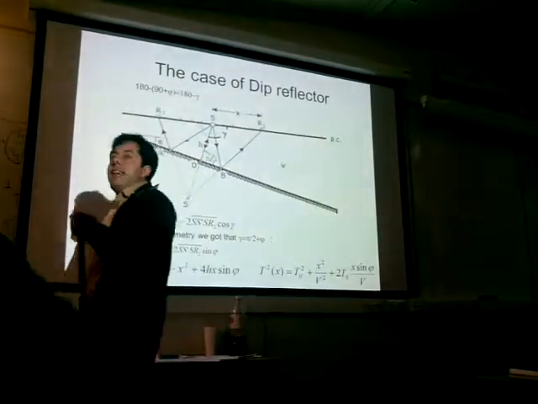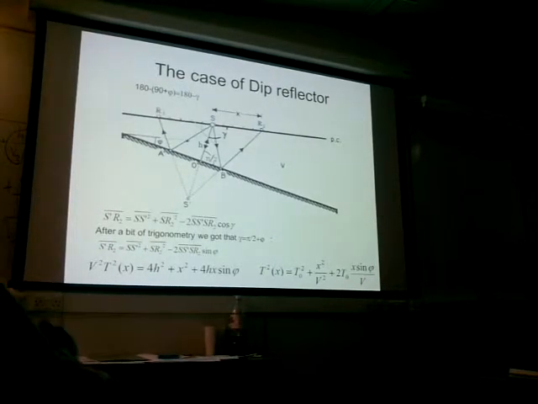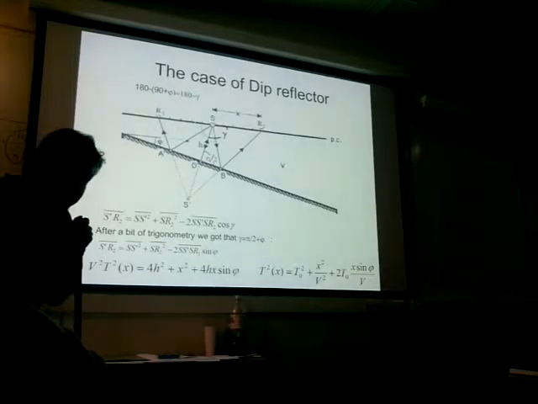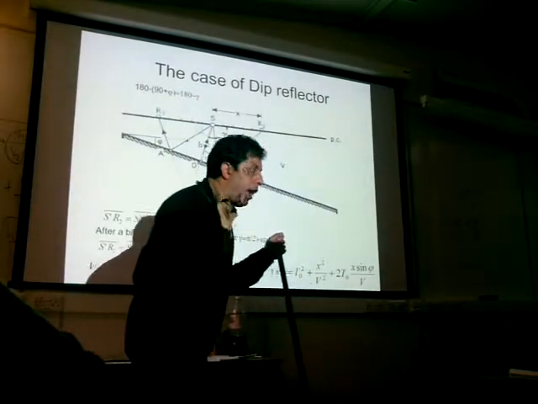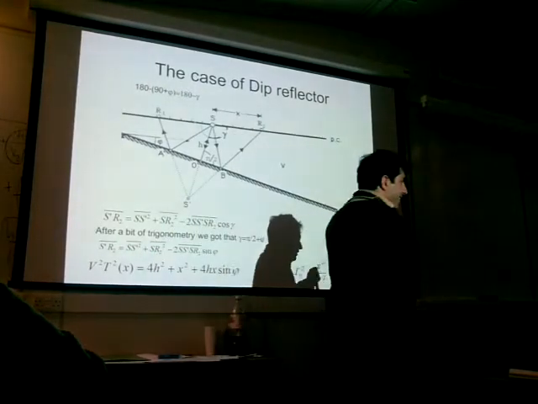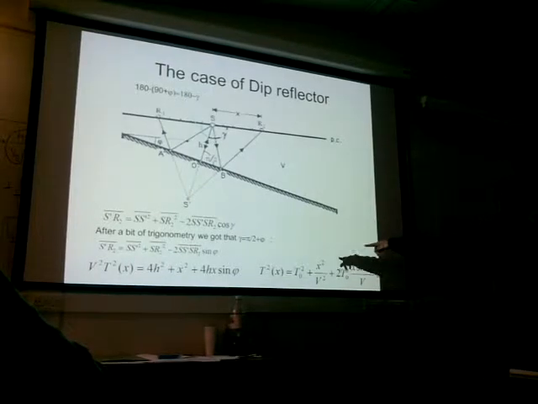You have a dipping layer, and what are the problems of ray tracing in a dipping layer. This is going to be important when I introduce you to the concept of the normal moveout. It is a way of reconstructing the geometry of a perfectly parallel layering that we're never going to work out as soon as we have a dipping layer.